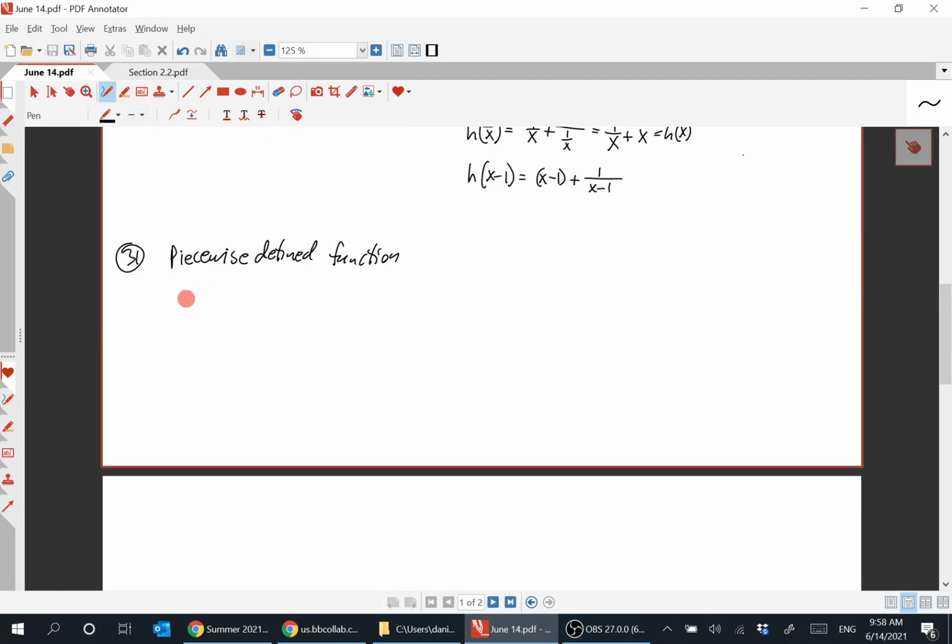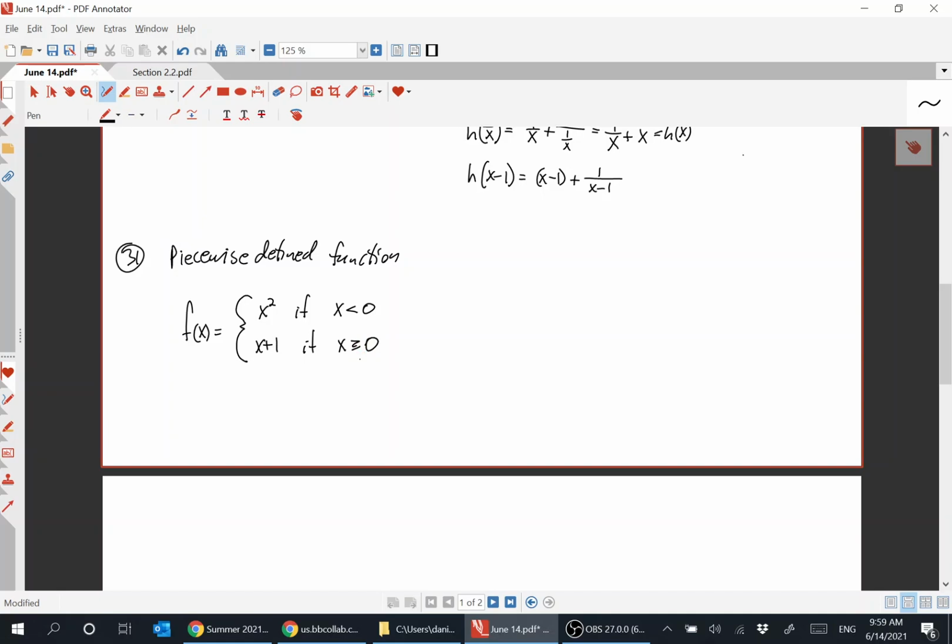So this one says f of x is equal to, and then they use a big brace like this to denote it, x squared if x is less than 0, and x plus 1 if x is bigger than or equal to 0.